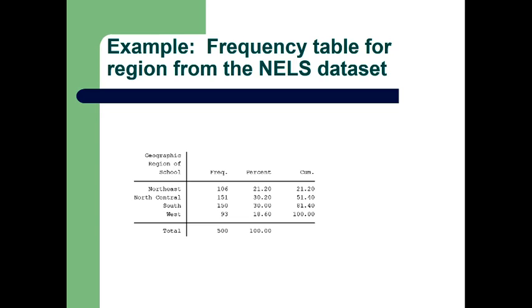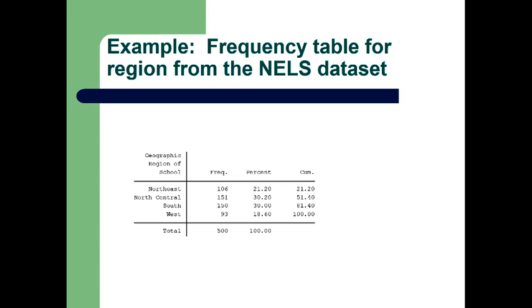Here is an example of a frequency table for the variable region in NELS dataset. You can see the 3 columns. The first is the frequency of the region, the second is percent, and the third is the cumulative percent. For example, there are 150 students in the south region.